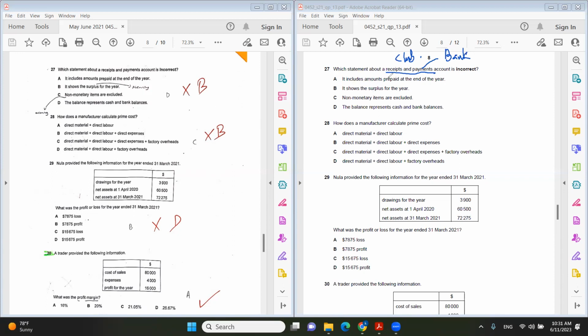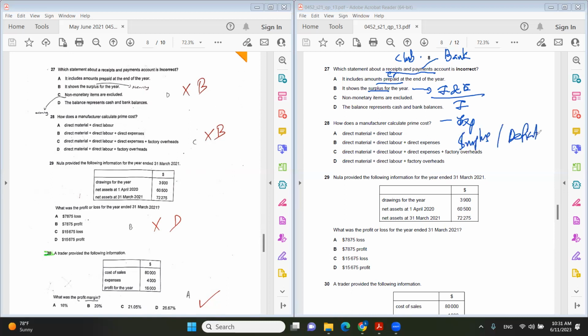It includes amounts prepaid. Yes, on the credit side, you have prepaid for the expenses that you pay. Sorry, this one is in the credit side. Next is that it shows a surplus. Surplus is under the income and expenditure, where when you prepare income, then less expenditure, you will get the surplus or loss or deficit.